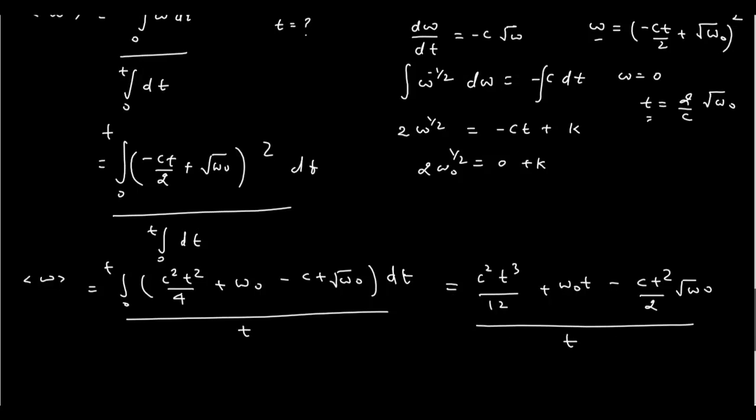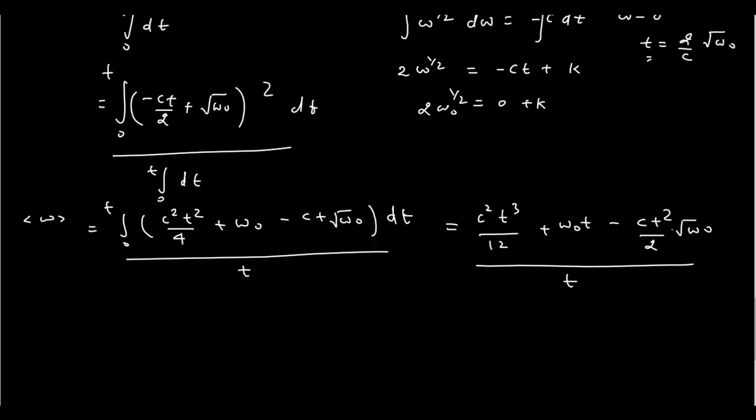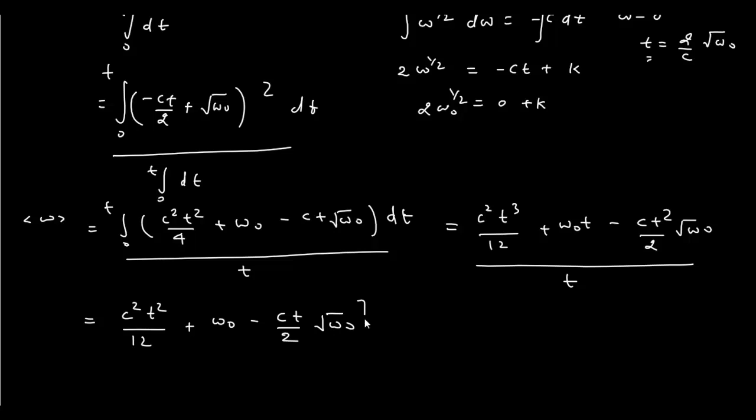Now we can take t common from the numerator, and we can write c square t square by 12 plus omega naught minus ct by 2 under root omega naught, and the limit is from 0 to this value of t, that is 2 by c under root omega naught.